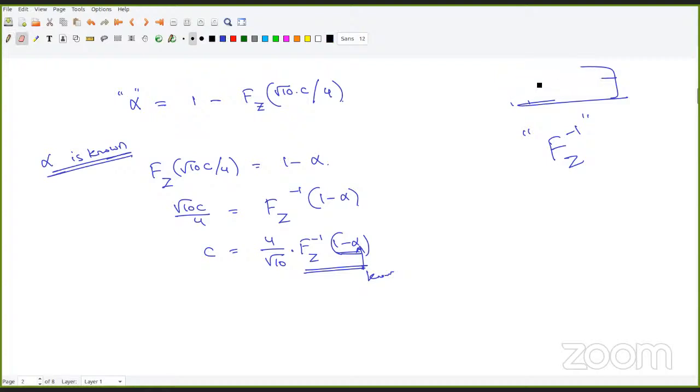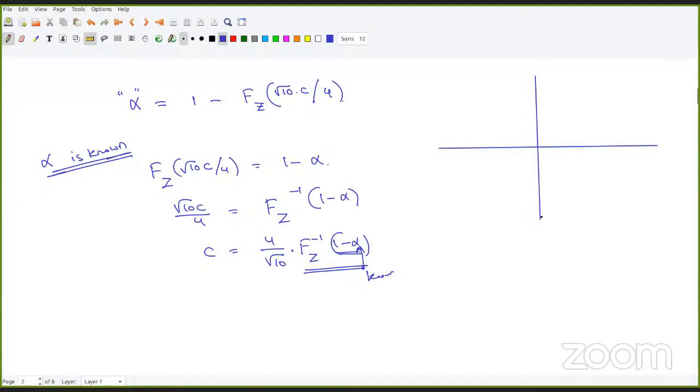See, Fz inverse is the inverse function of the Fz table. We see the same table for that. So how to read off the value, sir? For Fz inverse, from the Fz table. Okay, for that I just have to open the table. Just a second.